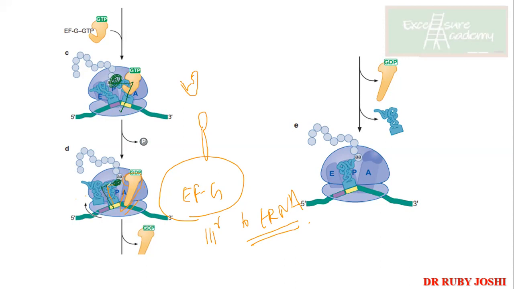So now this tRNA has become your P side tRNA or the peptidyl tRNA, and the free tRNA has exited out. Okay. So you can see this is also removed, this is also removed. So of course, any elongation factor with GDP has got less affinity, so it gets released. And here आपका ready हो गया.